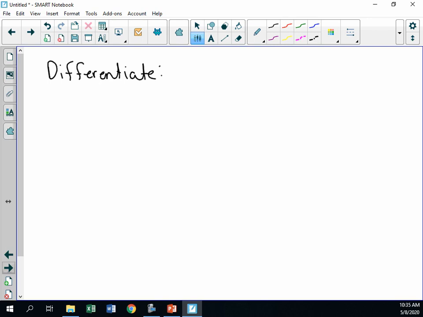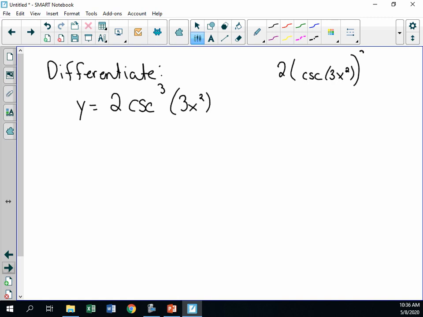Let's try another one. y equals 2 cosecant cubed 3x squared. So here we have chain rule first. If you want to write this one a little bit differently, just remember it's only the cosecant being cubed.